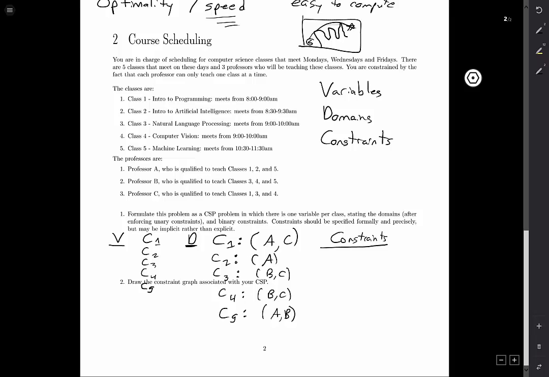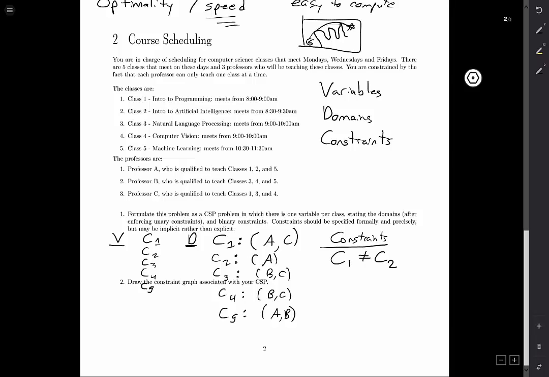Okay, so now for constraints, we want to make sure that all the classes that occur at the same time don't have the same professor. So for example, let's look at class 1 and class 2. They overlap for 30 minutes. Therefore, whoever teaches class 1 cannot also teach class 2 because they overlap. And we can continue going through all of these.